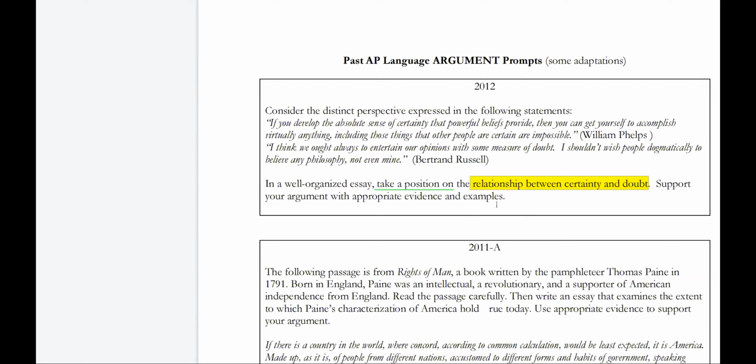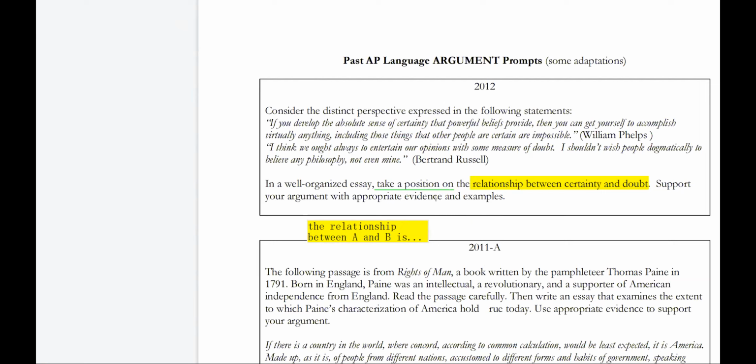So our possible thesis will be, the relationship between A and B is something, something, something. So far, so good. If I type here, the relationship between A and B is blah blah blah, this blah blah blah is part of our thesis.